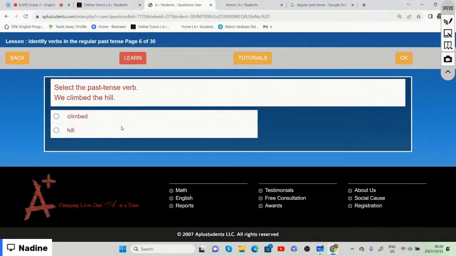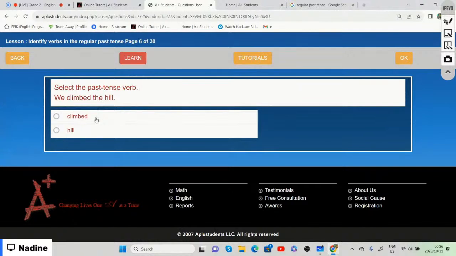We climbed the hill. One more. We climbed the hill. So we now need to select the past tense. So what did you do? We climbed, or I climbed the hill. So basically, we need to select the past tense verb. We climbed the hill.